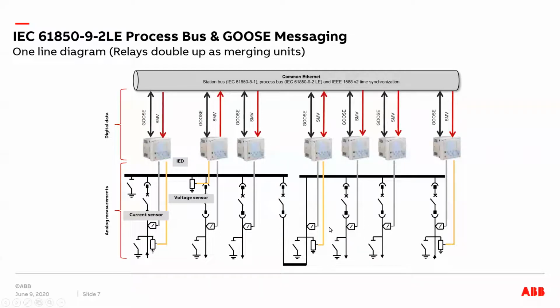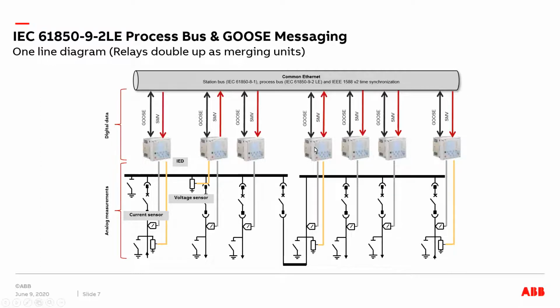And another facility here is also with respect to sync check application. So when you have multiple sources to be connected together, we always need to be checking the synchronizing condition. So in this case, the tiebreaker has the bus B voltage directly connected to it, but it can subscribe the bus A voltage over the sample value from here.